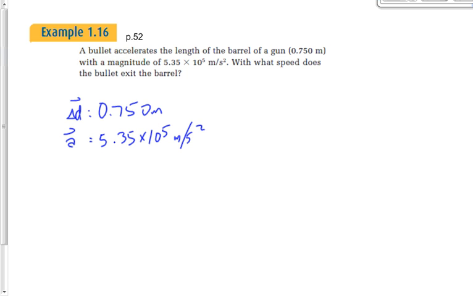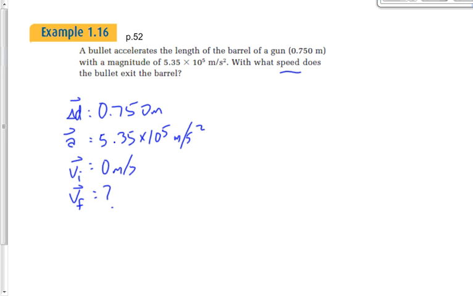Inside the barrel of a gun, how fast is the bullet moving before it begins? 0, right? It's not moving at all. So we're going to say VI is 0. And what are we looking for here? VF, right? How fast it's moving when it leaves the barrel of the gun. We're actually looking for the speed. I've got VF as in velocity there, but it's going to be the same value. Just no direction for speed.